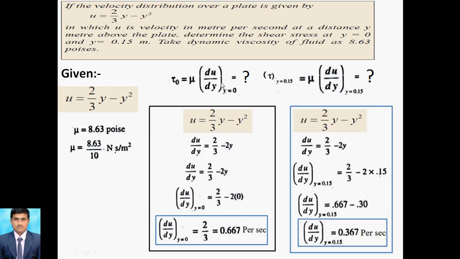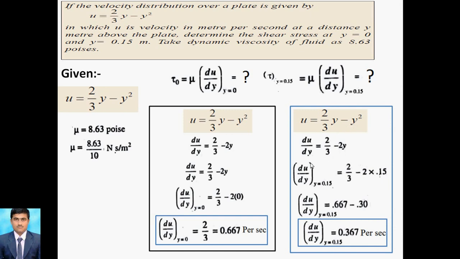Now we go to the next, that is du/dy at y = 0.15. In the same way we take this equation and differentiate with respect to y. So d/dy of 2/3 is as it is, and y² becomes 2y.